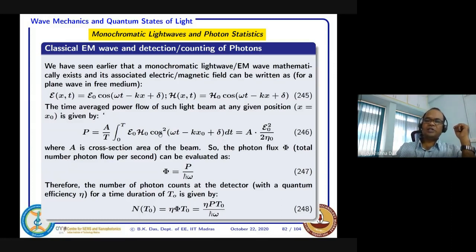Since it is a time average, we integrate over a long time, which need not be a time period but a sufficiently long time, and then divide by that time. What you get is actually the Poynting vector, meaning energy flow per unit time per unit area.